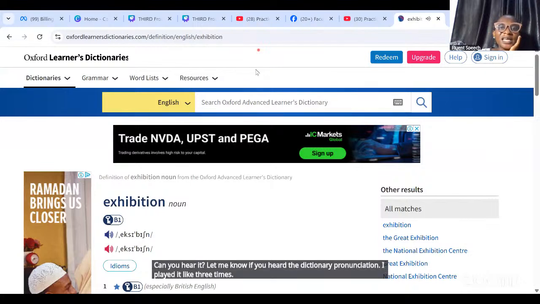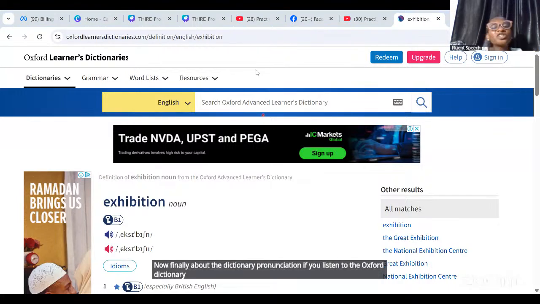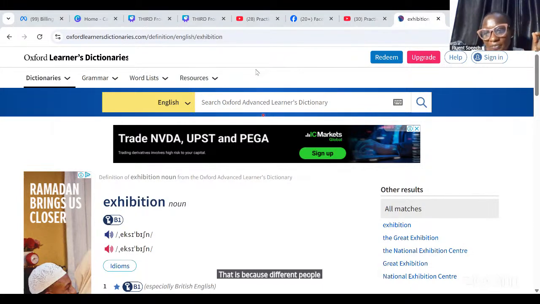Now, funnily about the dictionary pronunciation, if you listen to the Oxford Dictionary pronunciation, you go to Cambridge, you listen to it. You go to Longman, you listen to it. You go to different dictionaries and you listen to it. You realize that they are different. That is because different people have pronounced it. It means that the way I will pronounce it will be different from the way you will pronounce it.